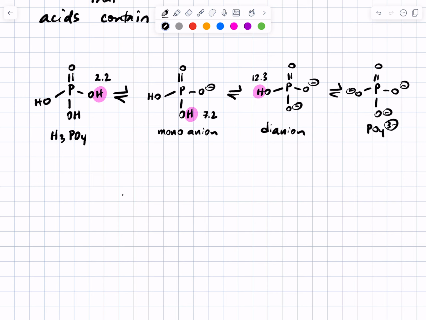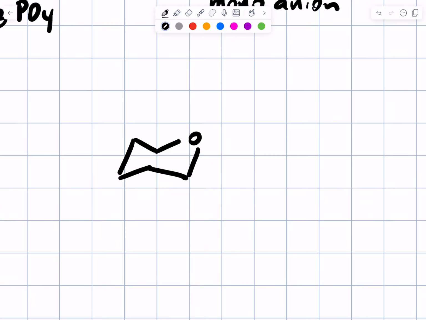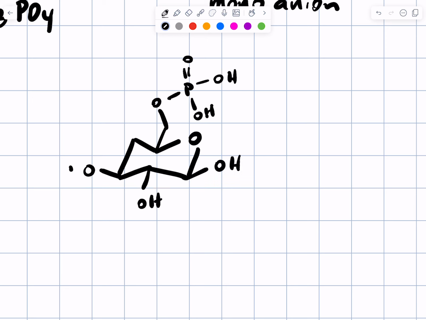For example, one of the first intermediates in the metabolic pathway known as glycolysis involves something that you will later call glucose 6-phosphate, which I'm drawing for you here. And this functional group here is called a phosphoester.